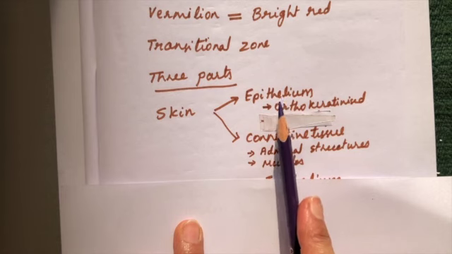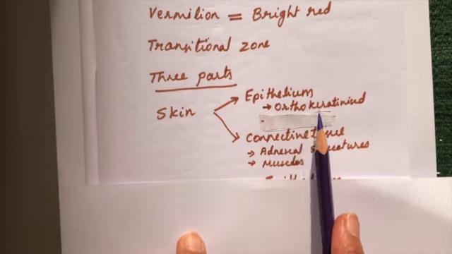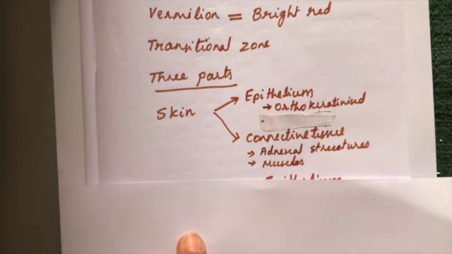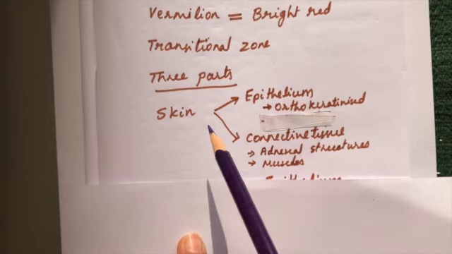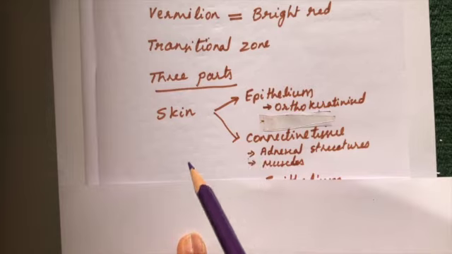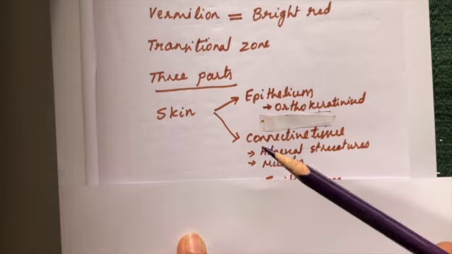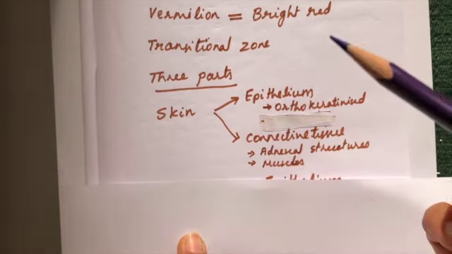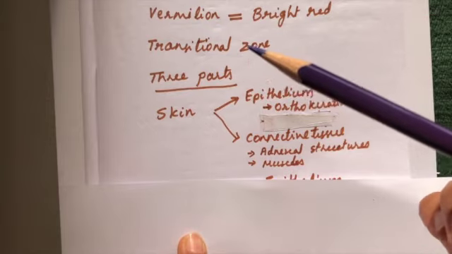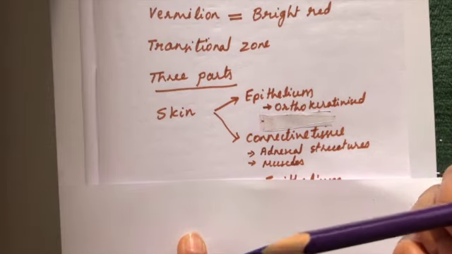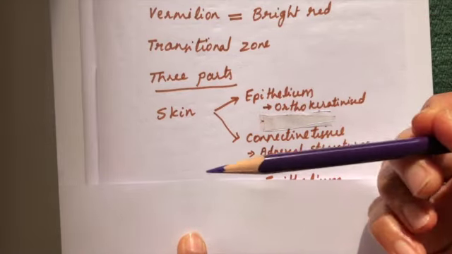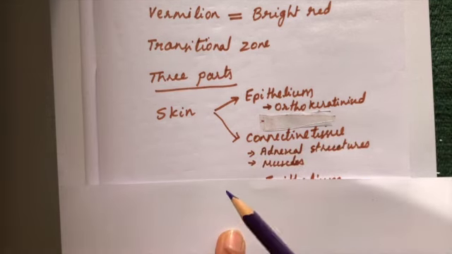The epithelium here in the skin is made up of orthokeratinized stratified squamous epithelium. Every zone of this vermilion border has its peculiar feature. The epithelium is peculiar to that region, and the connective tissue components for that region are very specific to the epithelium it is lined by.